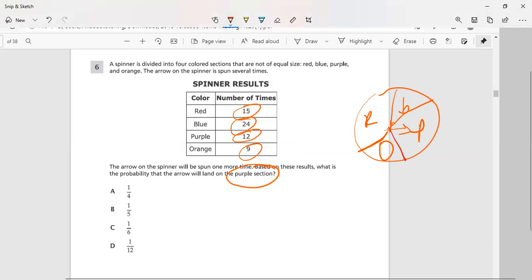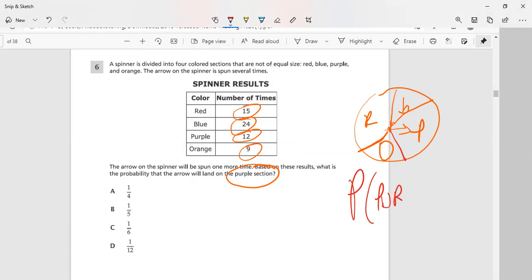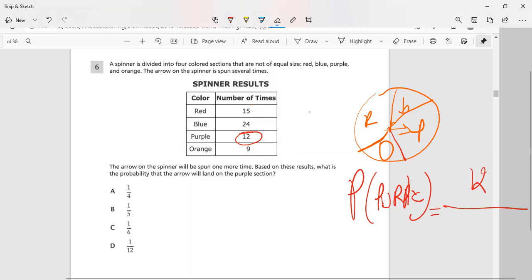All right, so P, probability of purple, is equal to, well, how many times did it land on purple based on the data on that table they give us? It landed on purple 12 times, so that would be 12 times out of the total times, and we just have to add the total times here. So we got 15, 24, 12, and 9.